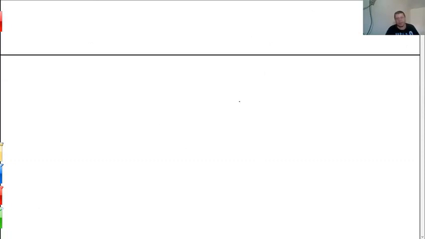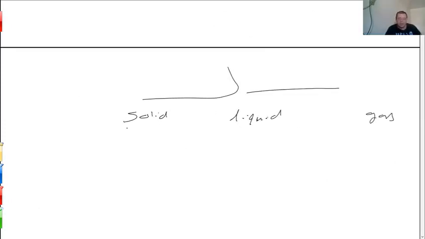So a simple representation for the three states which we have is like this. This one is the solid, this one is the liquid, this one is the gas. The solid is made of tiny particles, the particles are in a continuous motion, and the motion increases by increasing temperature.